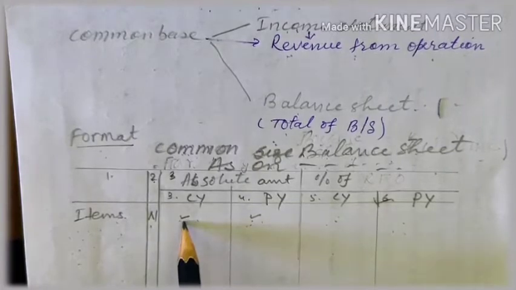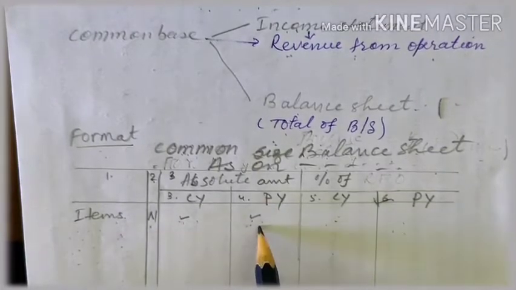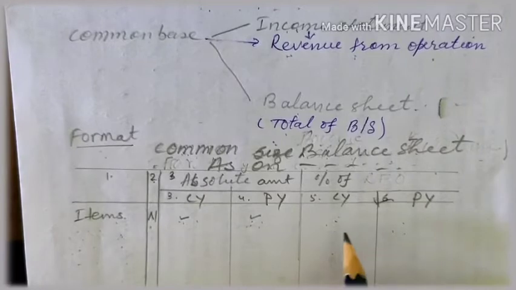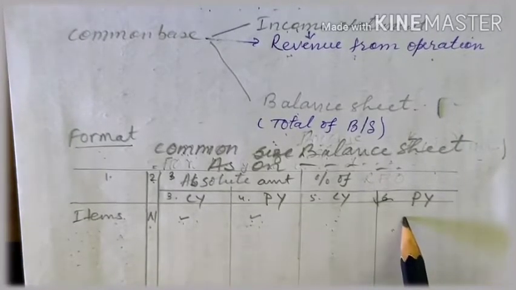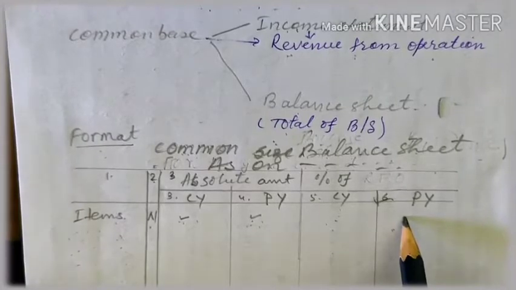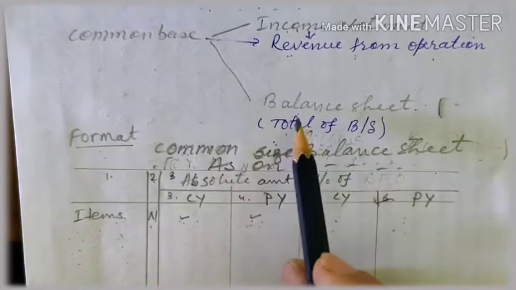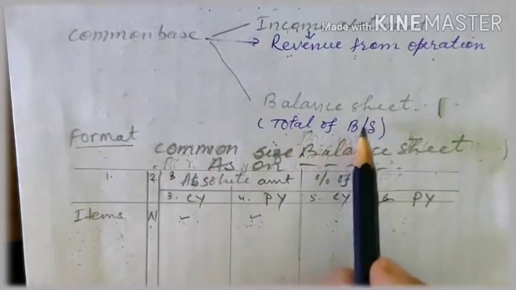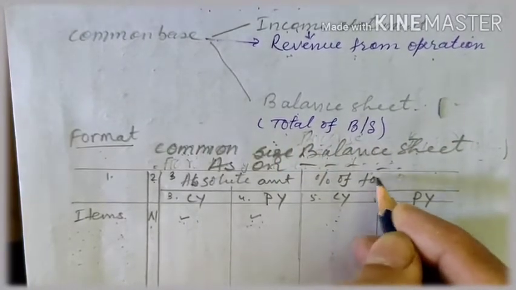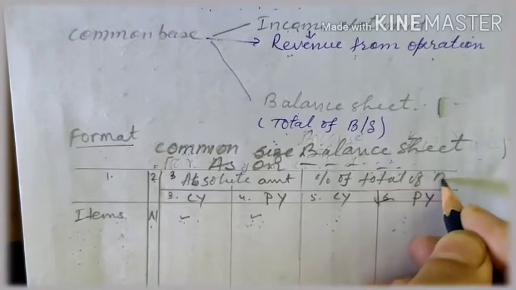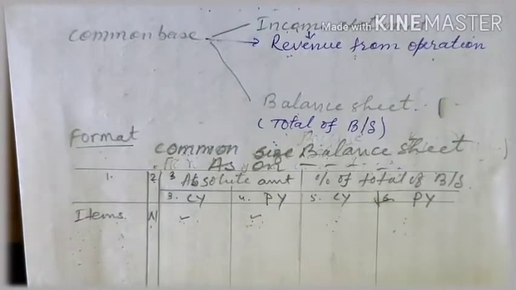This is the current year's value for the item. This is the previous year value for the item. Then here we'll find out the percentage for current year, percentage for previous year, and the common base for the balance sheet will be total of balance sheet. So here, percentage of total of balance sheet.